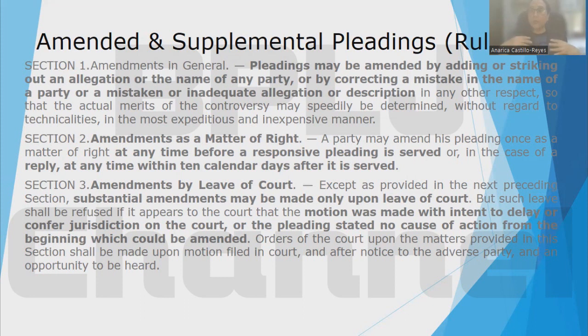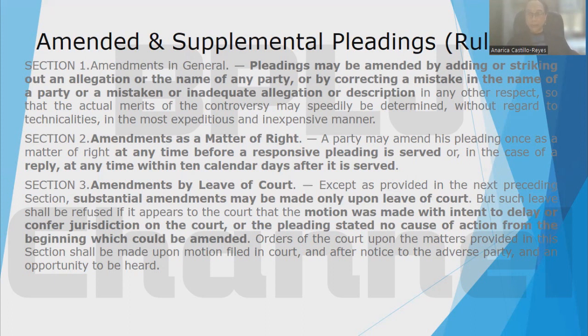So before a responsive pleading is served, amendment is a matter of right. In a third-party complaint, the same is true. When the third-party defendant has not yet filed or served his answer, then the third-party plaintiff enjoys, as a matter of right, the right to amend the third-party complaint.